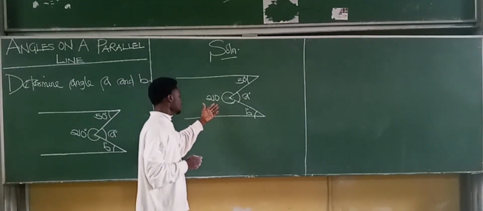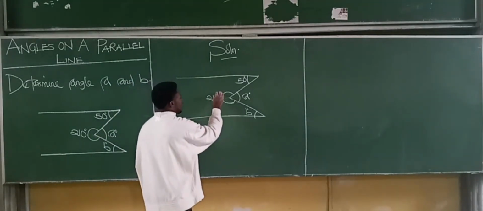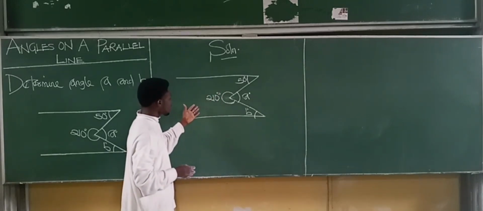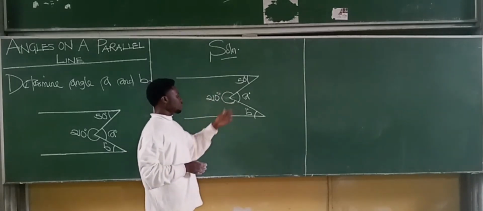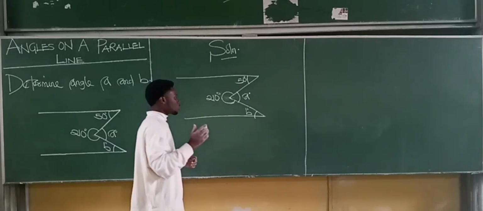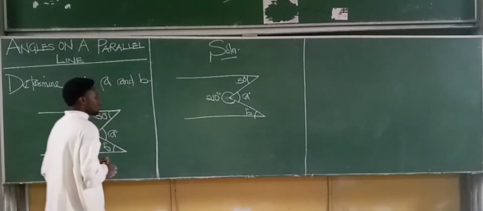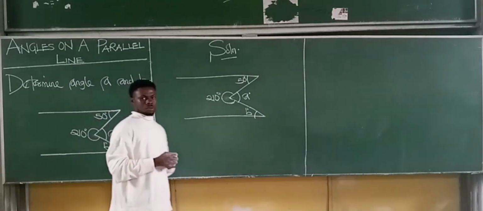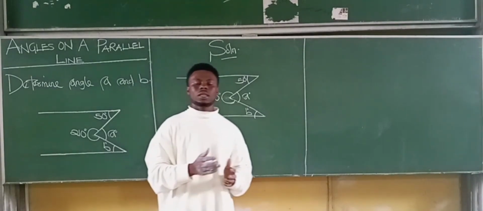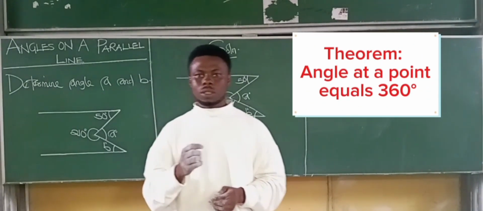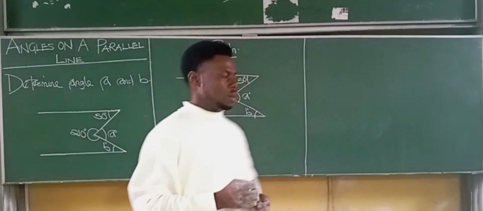210 degrees at a portion on the center, and also we have A degrees at the other portion on the center. One of the theorems says that angle at a point is equals 360 degrees.